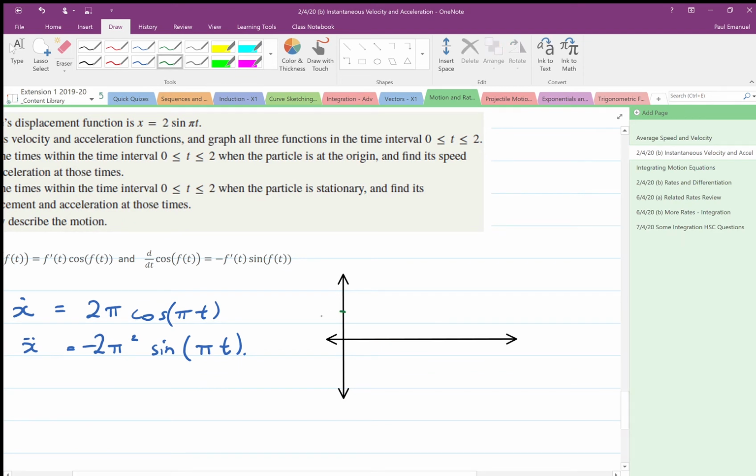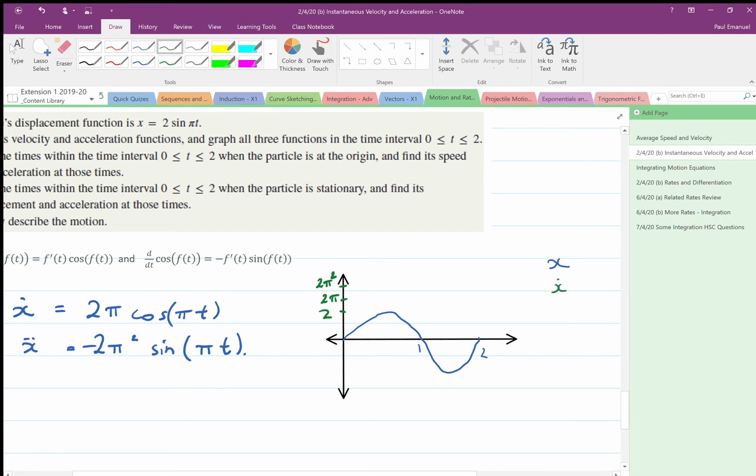So here's 2, here's 2 pi, here's 2 pi squared, roughly. So I'll do x in blue. So that's 2 sine pi t. Here's 2. So we just do something like this. There's 1. I will do x dot in green.